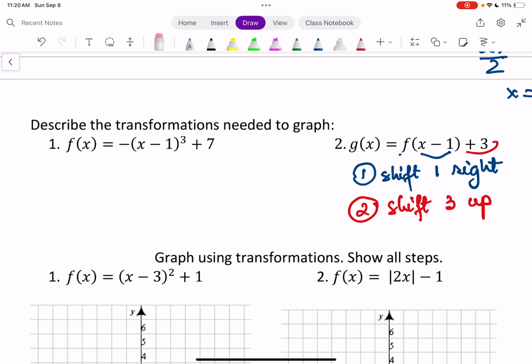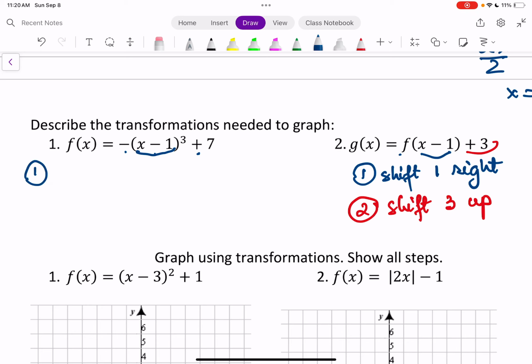Here there are a couple things, and this is why I'd like to point out how I have the minus 1, the multiplying by a negative, and then the adding the 7. So there's 3 things going on here. I also always like to start with the transformations to the x. So start with the x transformation.